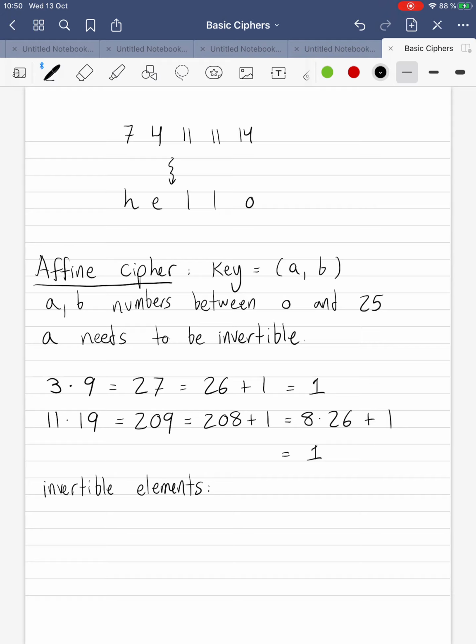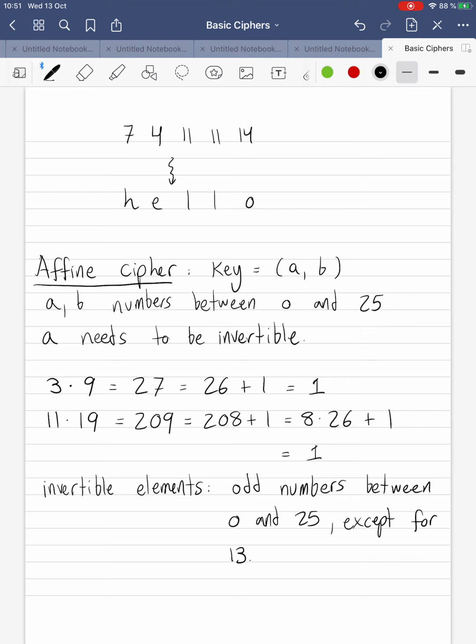The invertible elements are exactly the odd numbers between 0 and 25, except for 13. 13 isn't invertible because 13 times 2 is 26, which is 0.